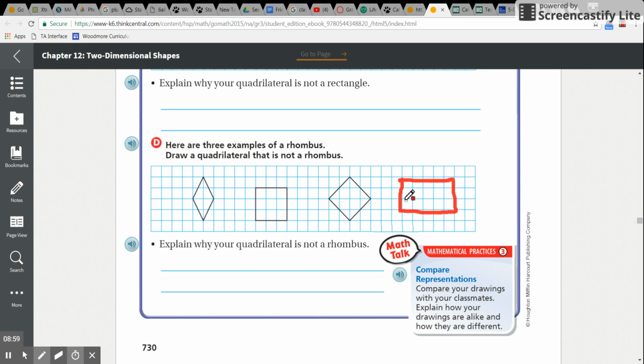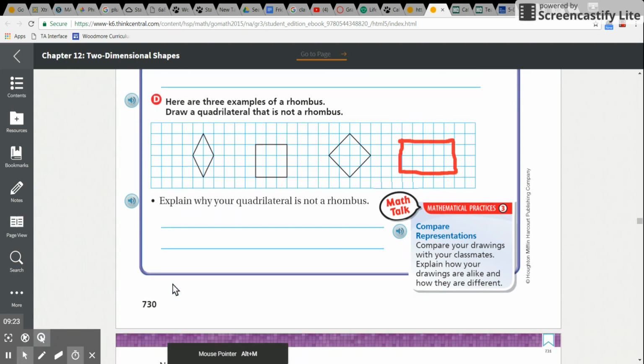I'm going to explain why it's not a rhombus. A rectangle is not a rhombus because all four sides are not the same length. A rhombus has to have four sides which are the same length. A rectangle does not. So that is why my quadrilateral is not a rhombus.